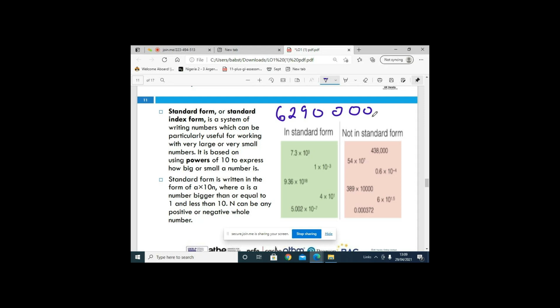You will start from the back and move the loops. 1, 2, 3, 4, 5, 6. So it's 6.2 times 10 to the power of 6.